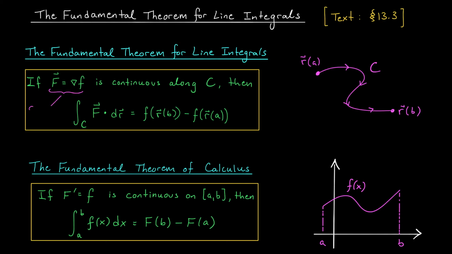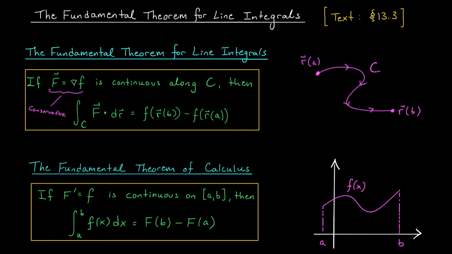We called them conservative. So if we're dealing with a conservative vector field that's continuous along C, meaning that its component functions P and Q are nice and continuous, then the line integral of our vector field along C is simply little f at the end point, R of B, minus little f at the starting point, R of A.